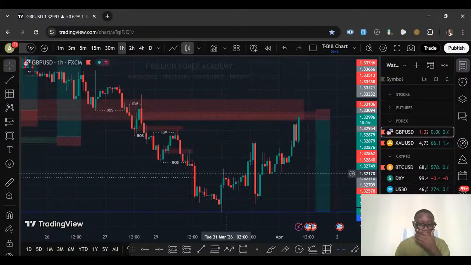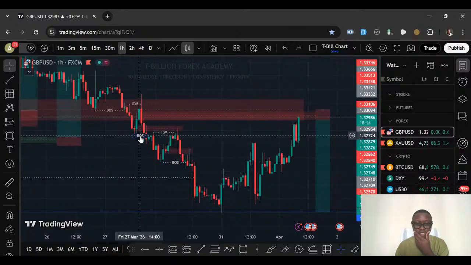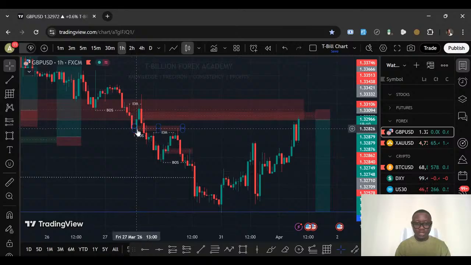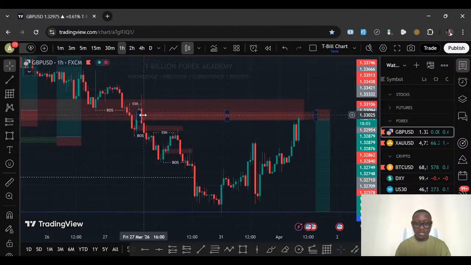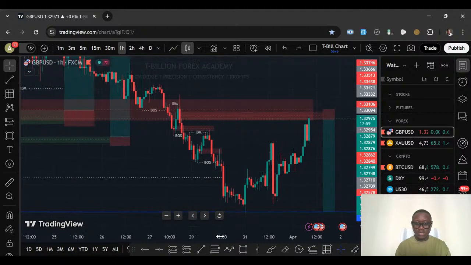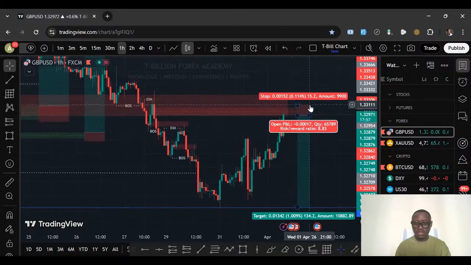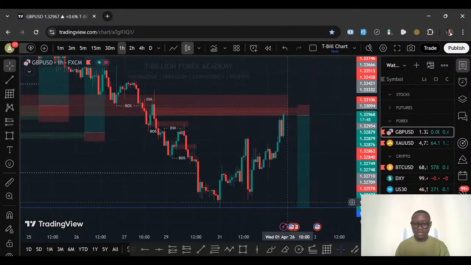We got this break of structure right here, and here is our inducement. This breaker block here has been mitigated. So we'll wait for price at this order block zone. This setup is still very much valid, and we are going to wait for price to give us entry at the zone. Then we'll take our entry accordingly.